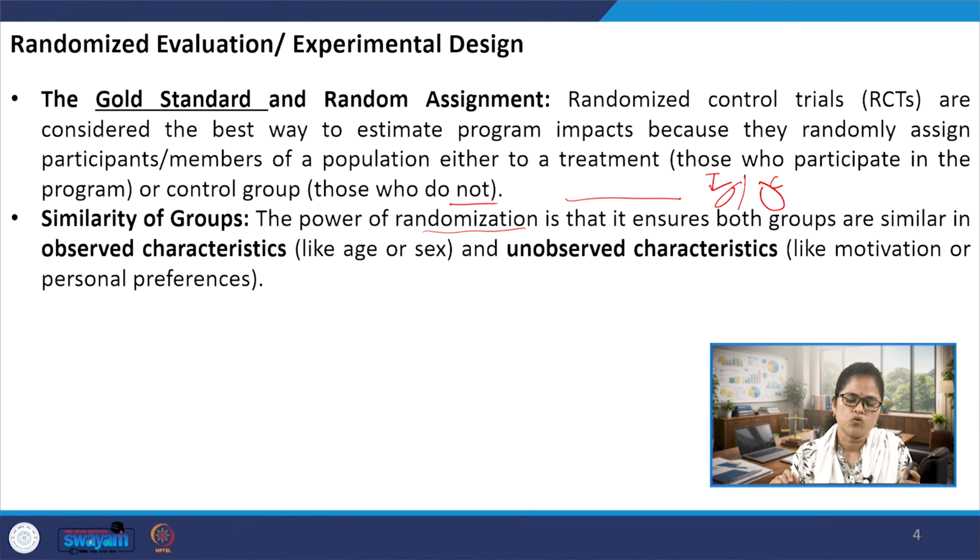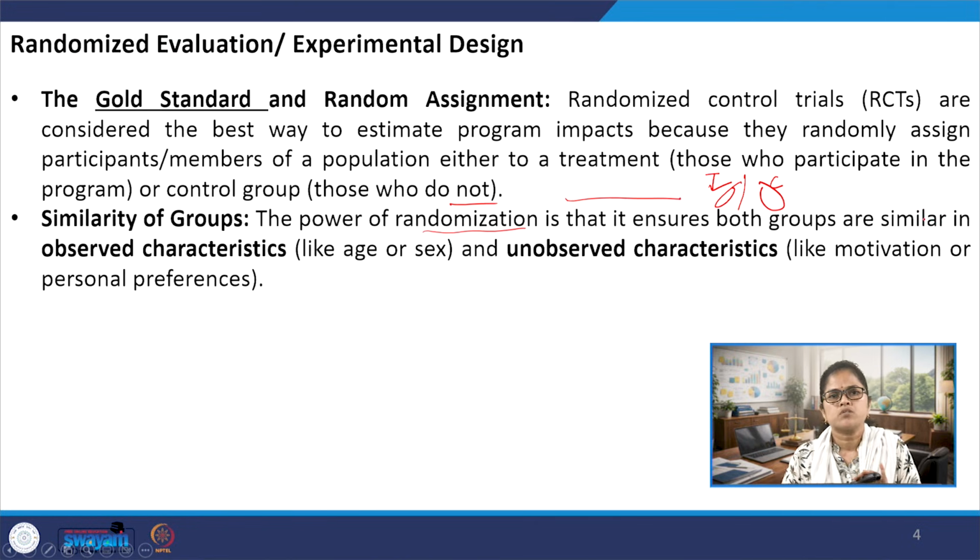Be it the control group or the experimental group, this holds for characteristics that can be observed, for example variables like age or sex. Likewise, randomization also ensures that unobserved characteristics are similar across the groups.